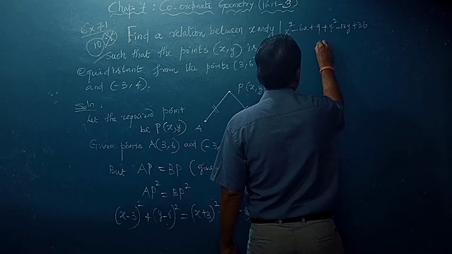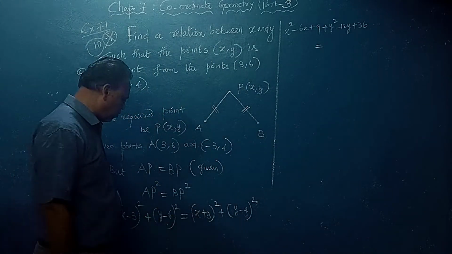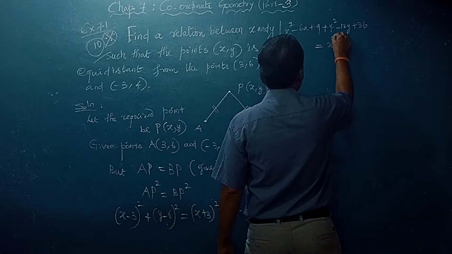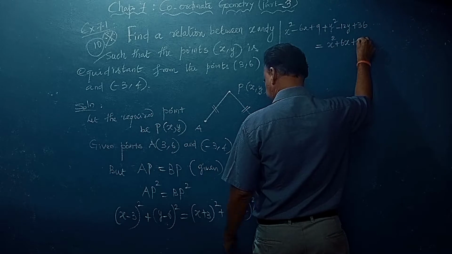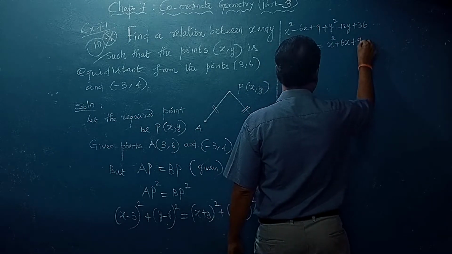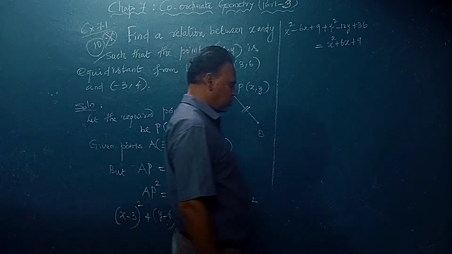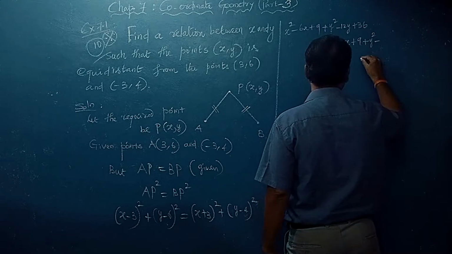That is equal to this side: (a plus b) whole squared is x squared plus 6x plus 3 squared, which is 9. In the same way, (y minus 4) whole squared is y squared minus 8y plus 16.